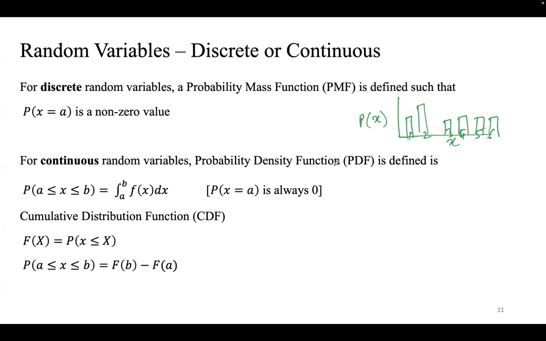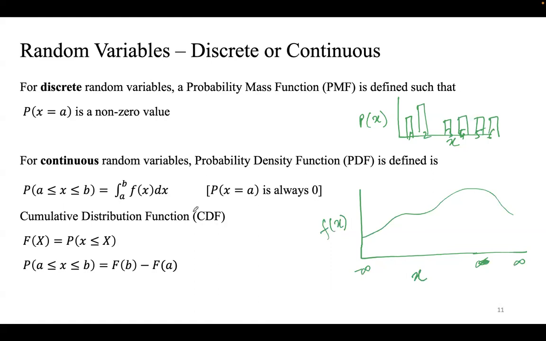If you're defining it like this, the notation that is used is you have x here, but here you actually have f(x), a function of x, and let's say this is minus infinity to plus infinity, and it's something like this.